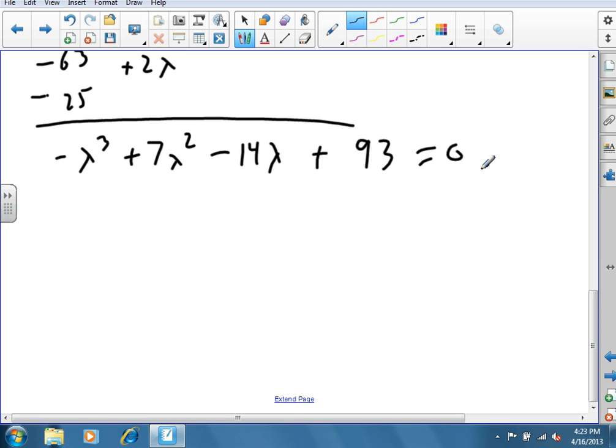Has to be 0. All right, now I have a polynomial solver, a third level polynomial solver. Oh, yes, minus 1, 7, minus 14, 93, solve. Oh, I don't believe it. Lambda 1 is 6.919192208.